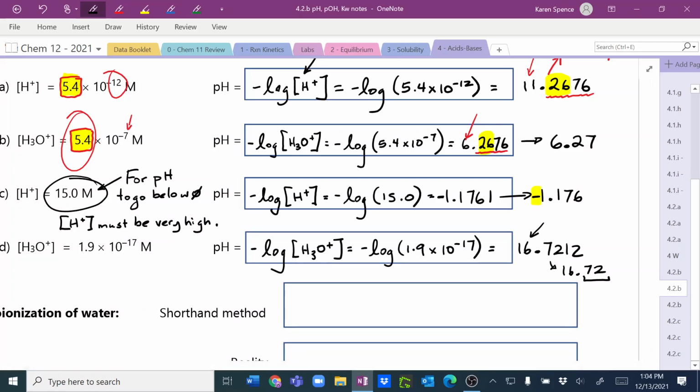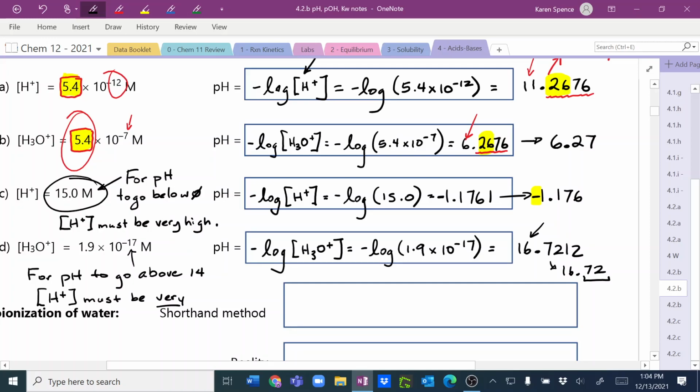But what is our hydrogen ion concentration like? It is really, really itty bitty. It's small. For pH to go above 14, the concentration of hydrogen must be very small.